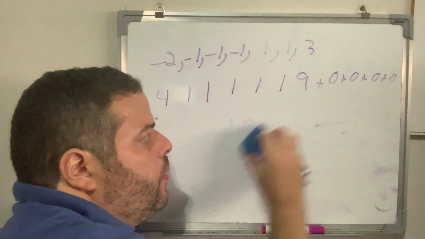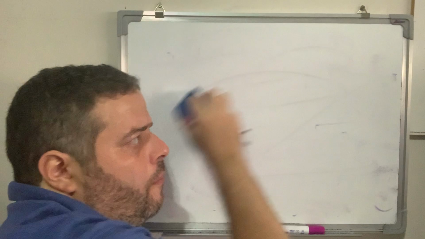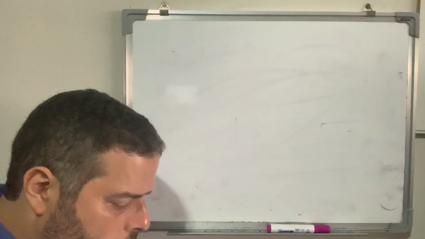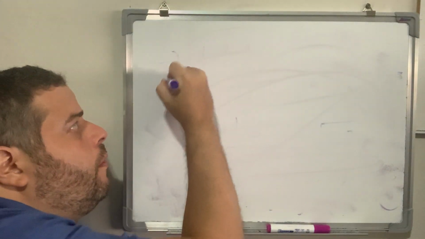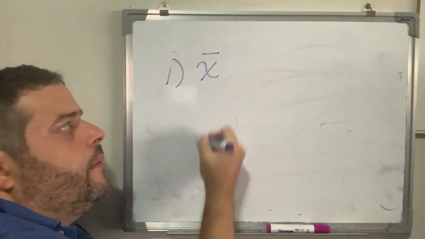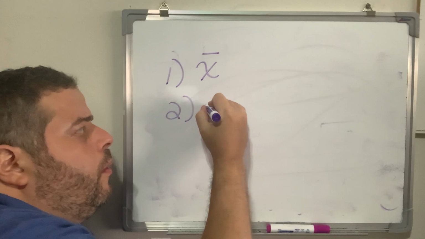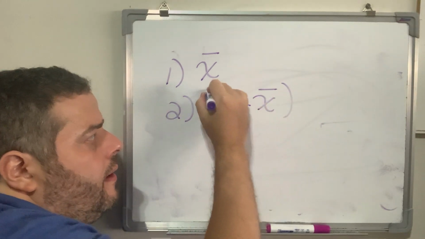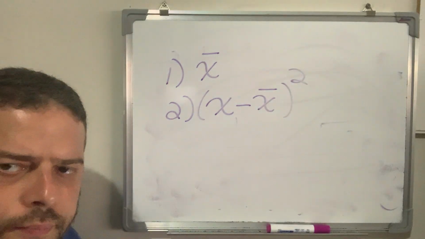To review all the steps more clearly: step 1, we find the mean. Step 2, we take our values minus the mean and square them.